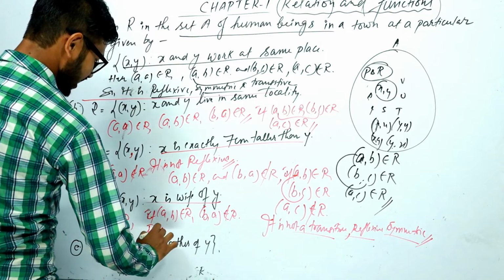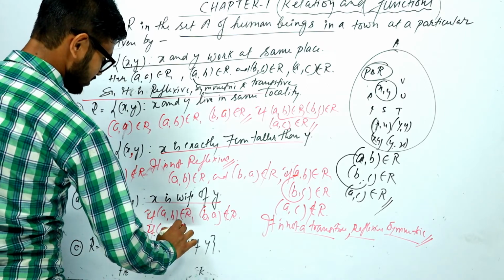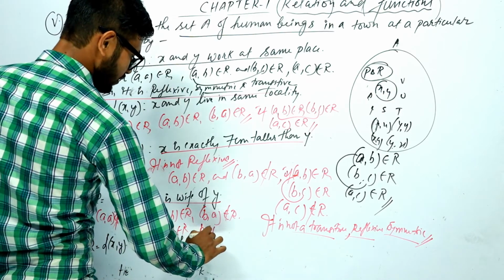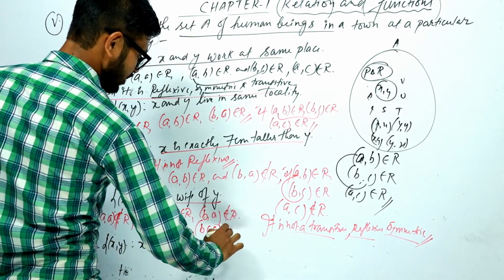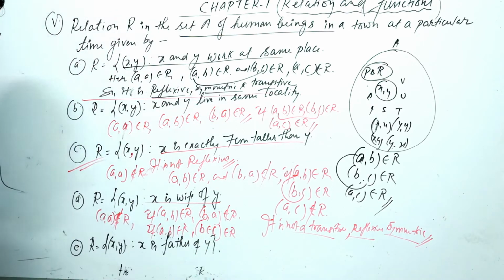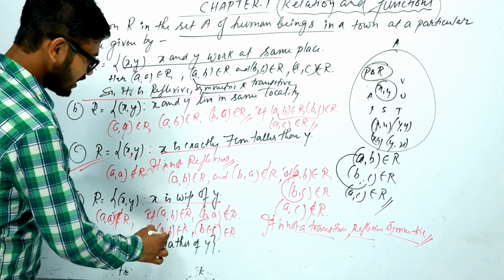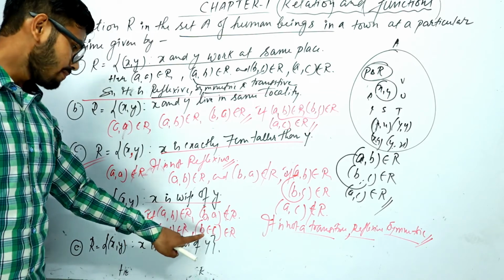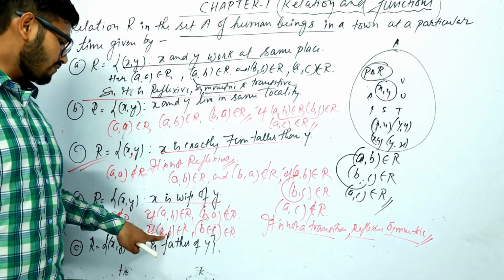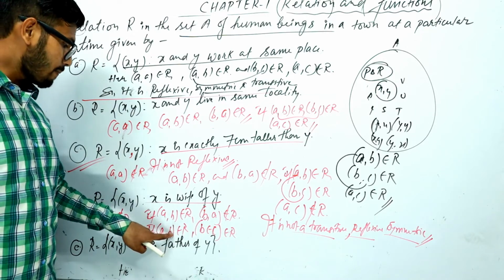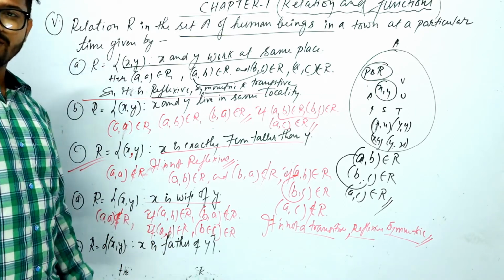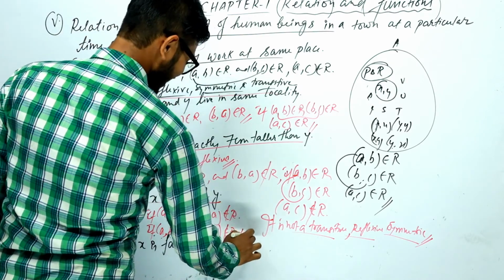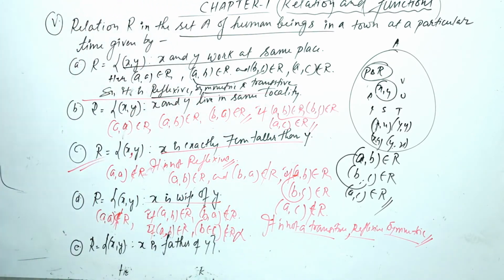If a comma b belong to the relation, that means a is the wife of b, and b is the wife of c. How can a person be acting as both wife and husband in an individual case? Not possible, man. It's a really very crazy question.